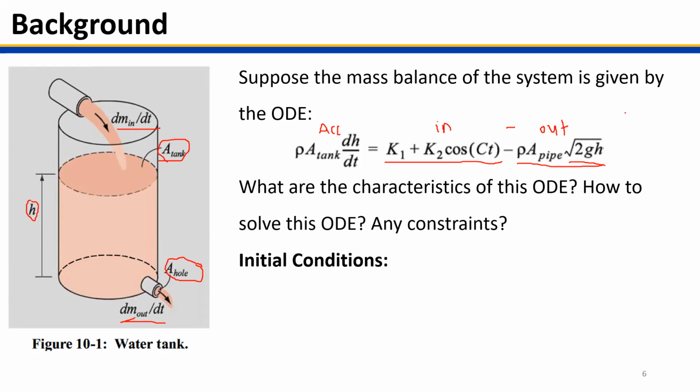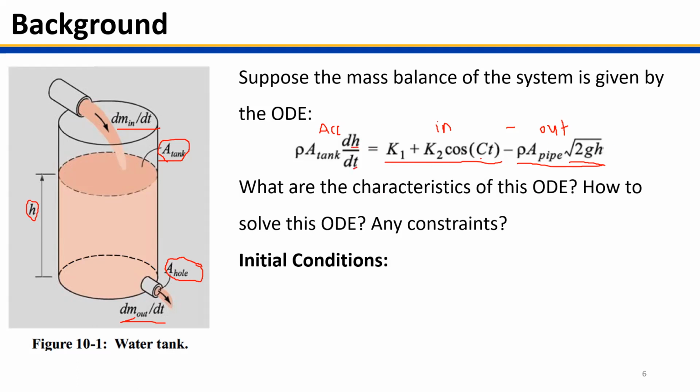Okay, all right. So now what's the goal? What are the characteristics of this ODE? What are we trying to solve as a function of what? Yes, we have height with respect to time.